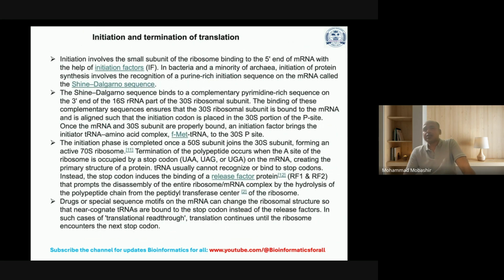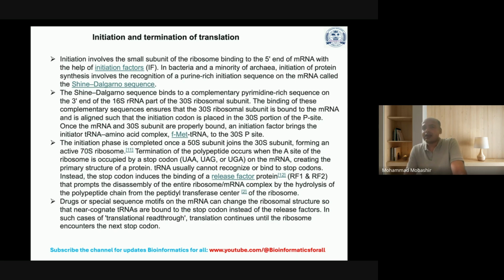Now, the initiation and termination of translation. These things we have discussed from the picture in the previous slides. The initiation involves a small subunit of the ribosome binding to the 5' end of mRNA with the help of initiation factors.